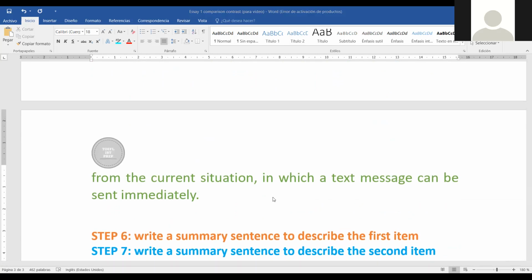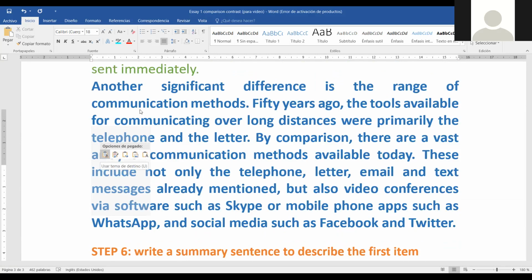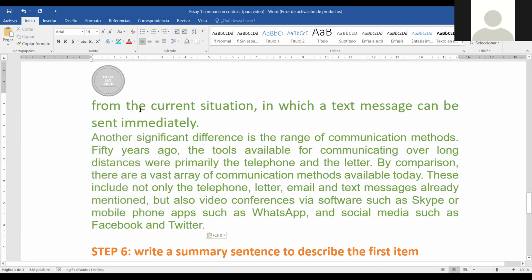And the second one I chose is here. Can you read the second one, please, Luis?